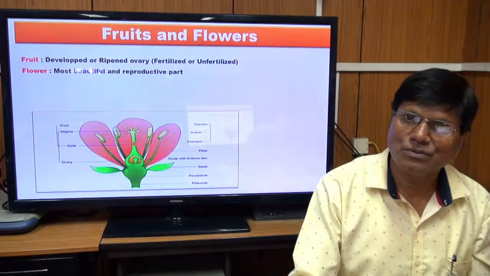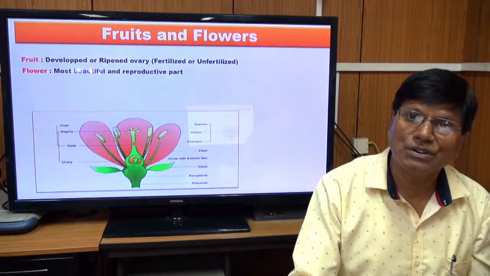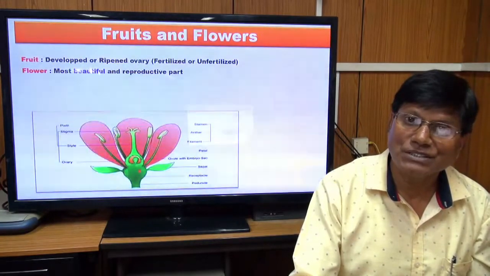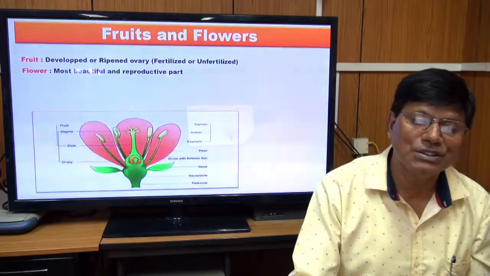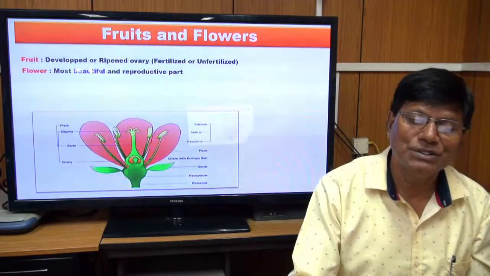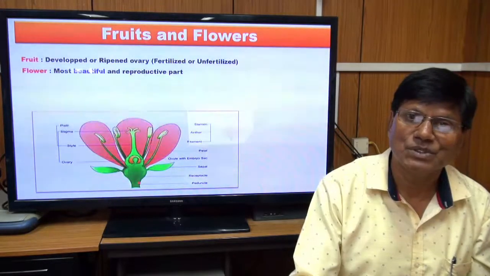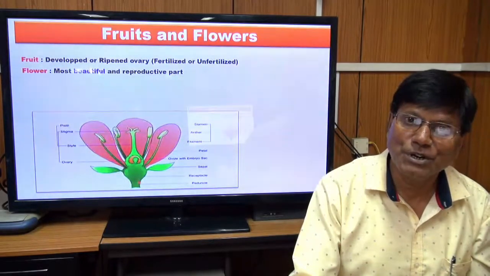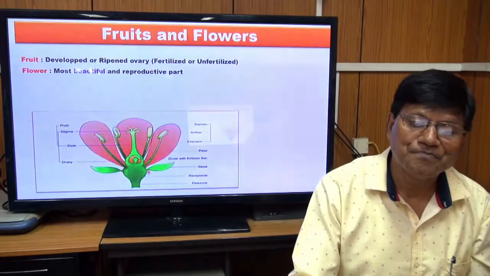Now we will study the parts in detail. These are morphological characters. If you cut this bulged portion, here is the main thing. Here is the ovule. Seed and fruit development takes place from here only.